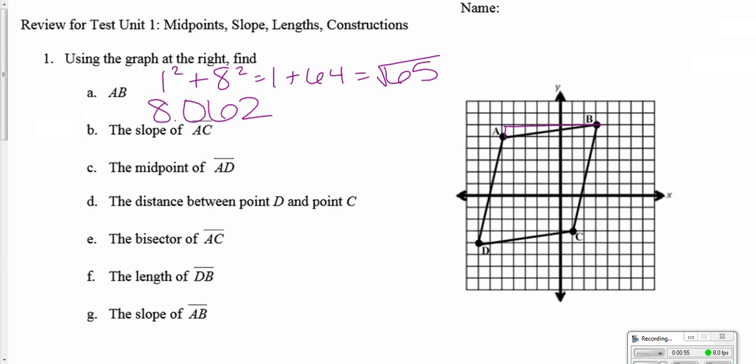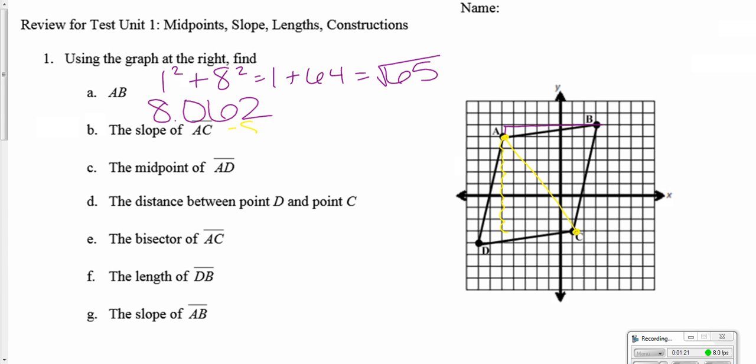Okay, so for the slope of AC, I'm going from A to point C, so that's this line right here. So I need to do my rise and my run, but I know since it's going down, it's going to be negative. So I have to go down 1, 2, 3, 4, 5, 6, 7, 8.